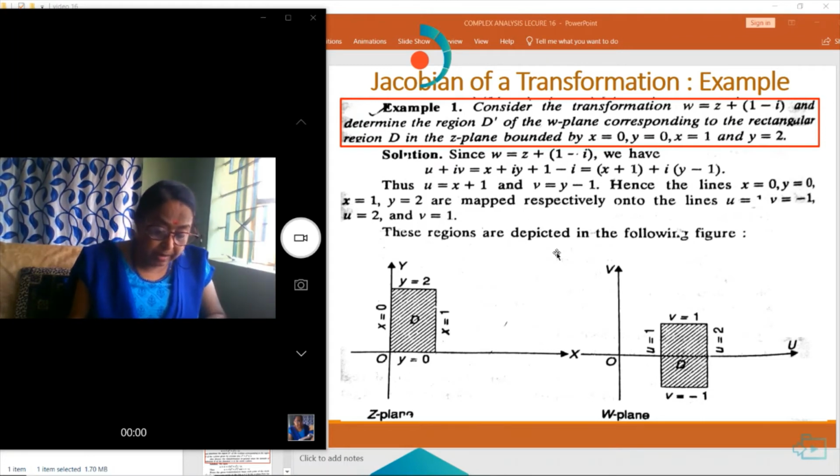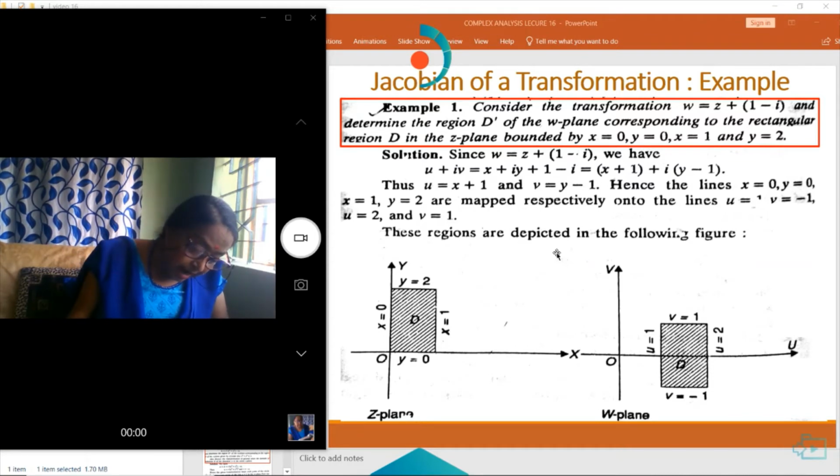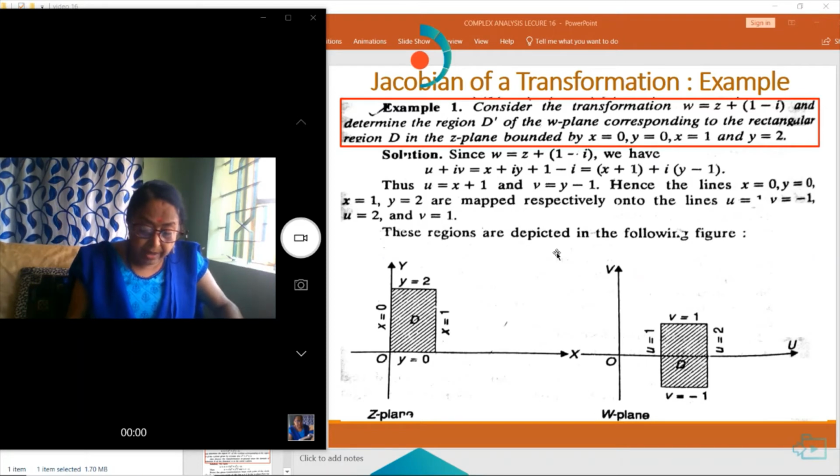The function in the w plane is w equal to z plus 1 minus i. So in place of z, we can write x plus iy.